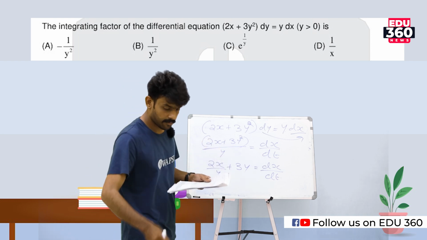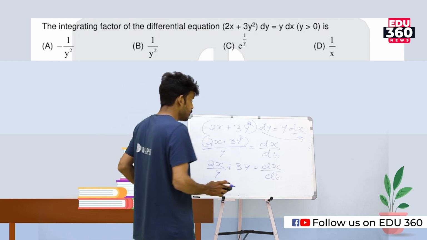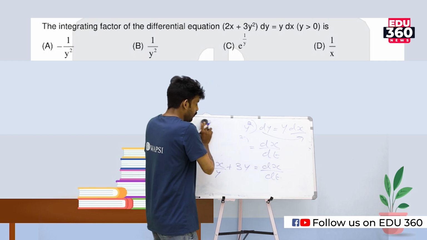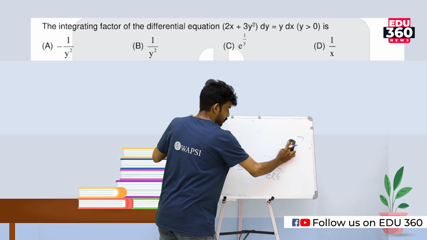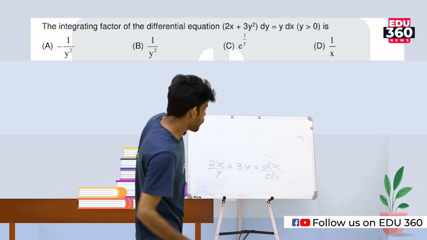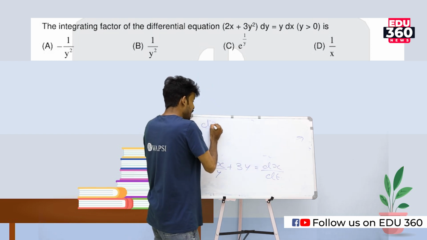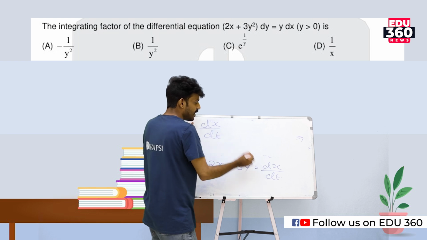Hereafter, we are going to rearrange this. I'm going to write dx by dy first.